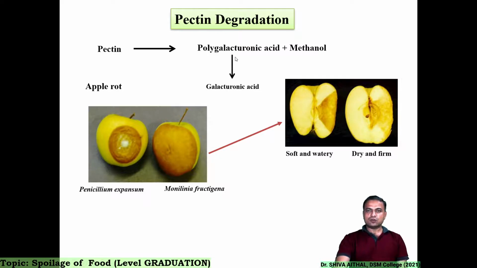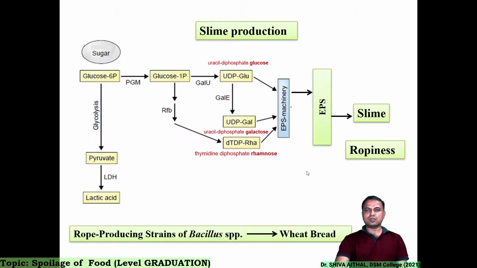This polygalacturonic acid is converted to galacturonic acid, and this gives rise to either a soft and watery texture or a dry and firm texture, depending upon the microorganism. Penicillium expansum is responsible for soft and watery apple, whereas Monilinia fructigena is responsible for dry and firm type of food. So this is pectin degradation by microorganisms.